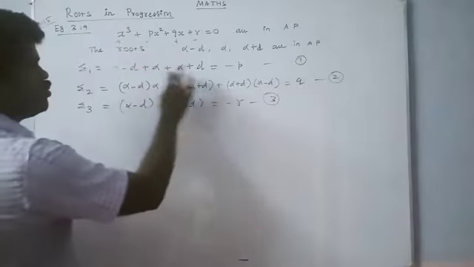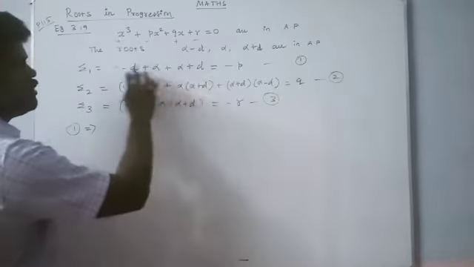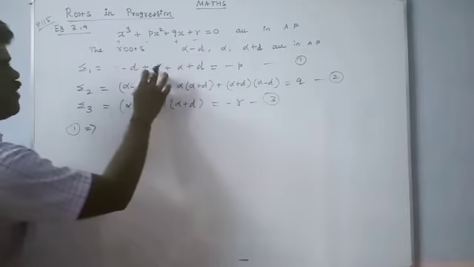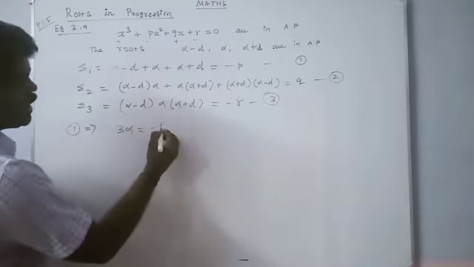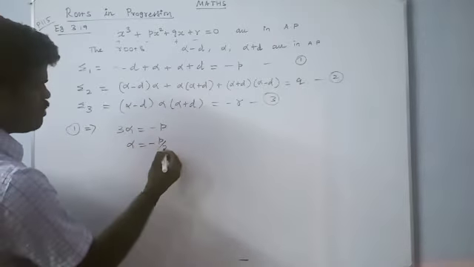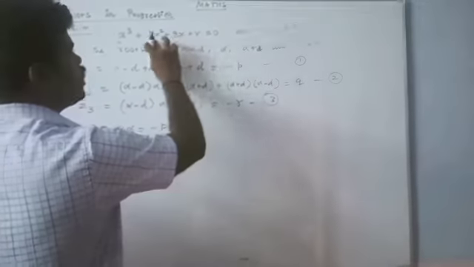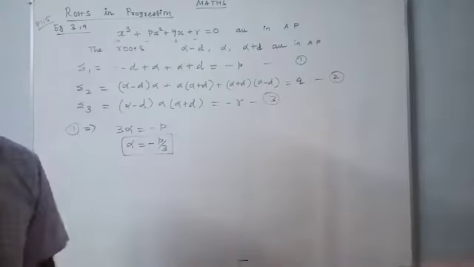We want to find the condition. So now the first equation implies that in the sum of the roots, minus d plus d cancel. So here alpha plus alpha plus alpha, that means 3 alpha equal to minus p. Therefore alpha equal to minus p by 3. Here alpha is a root of this equation, so it must satisfy the equation.